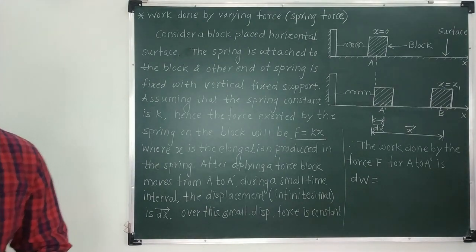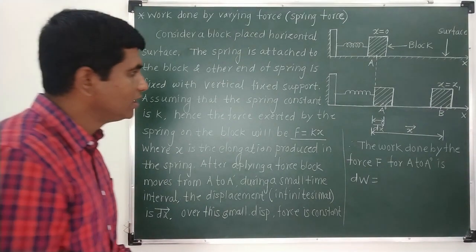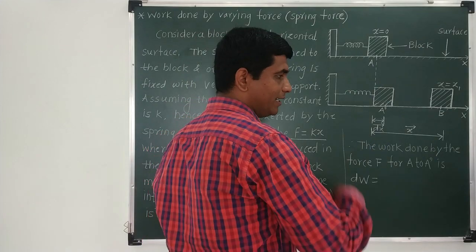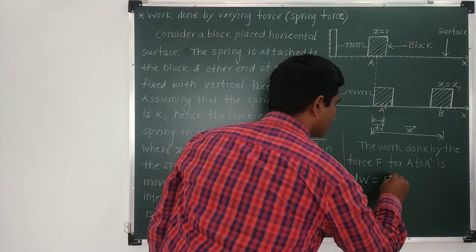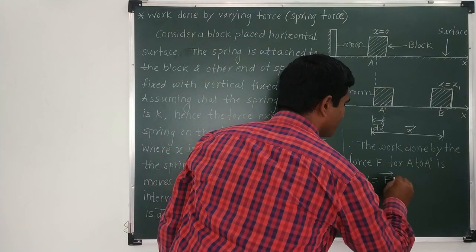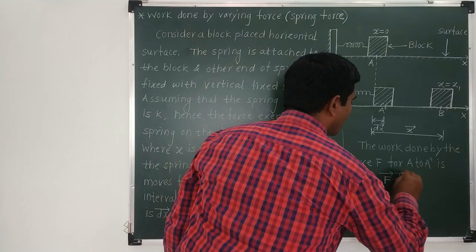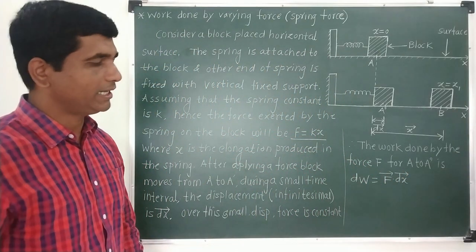What is the definition of the work done? Work done says that it's a dot product of the force and displacement. So here in this case the force is F bar dot dx bar.